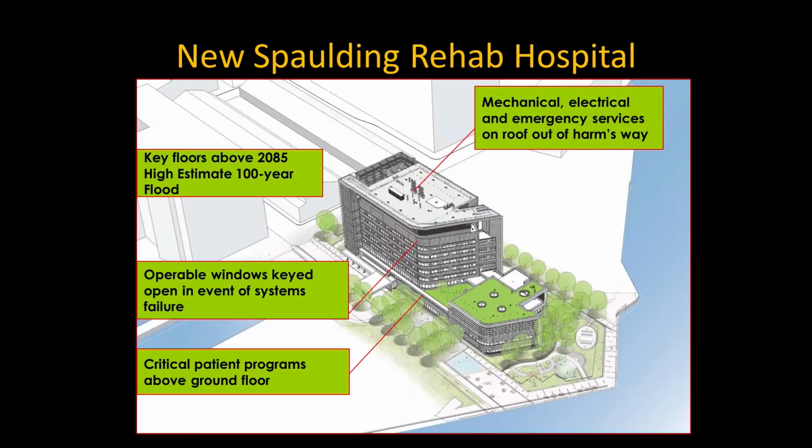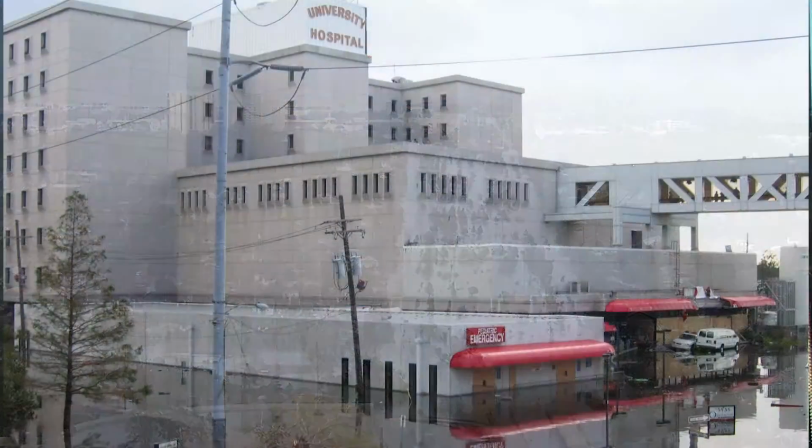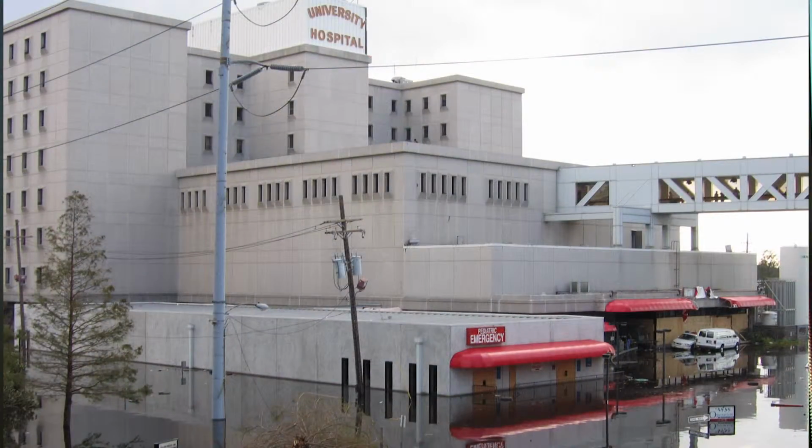Even better, mechanical, electrical, and emergency services are located on the roof, isolated from the flooding and the waves during a coastal storm. All operative windows are keyed to open in the event of system failure. That's a direct response by hospital designers to Hurricane Katrina, where they had to break windows to get fresh, healthy air for patients when the power went out for many days at a time.